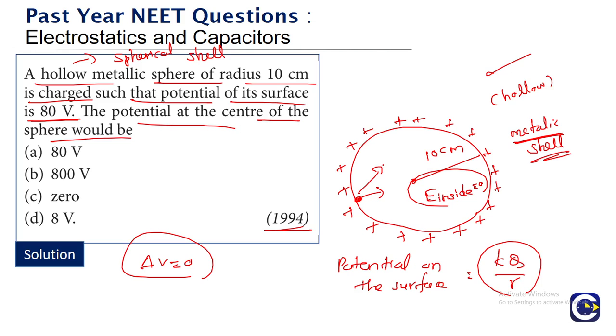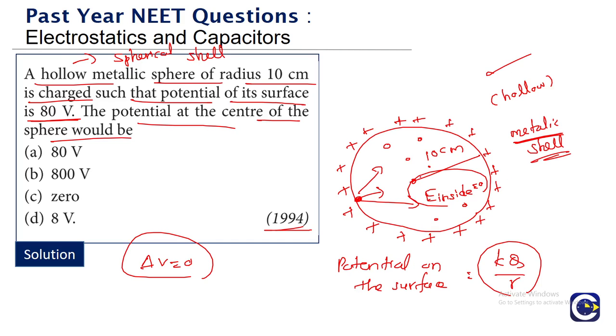Because when you move along a path, potential difference is equal to the electric field component in the direction. You move any path, potential difference is 0, means there will be no electric field component in the direction. Everywhere inside the spherical shell, the electric field is going to be 0. So any point you take, the potential at that point will be equal to the potential on the surface.